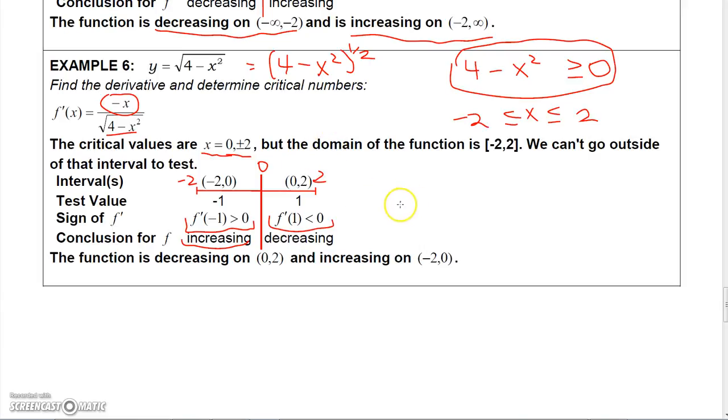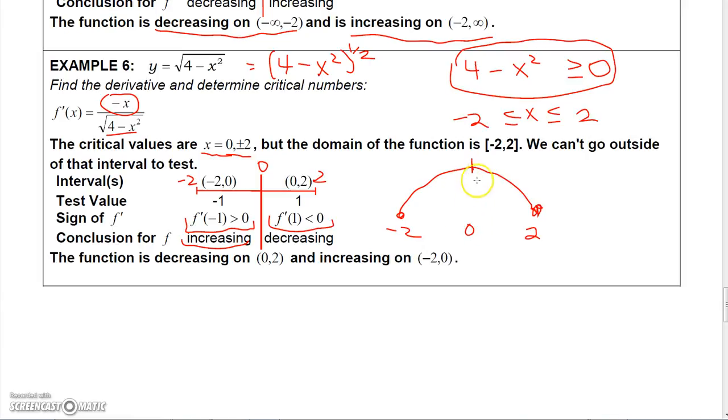And so actually what this looks like, it's a semicircle that goes up here like this. And this is -2, and this is 2. And then somewhere up here is where x equals 0.